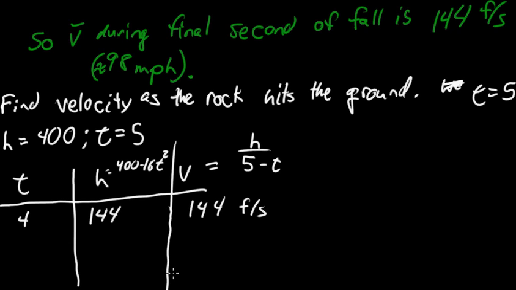Let's get a little bit closer to the time of 5 seconds that we know it'll hit the ground at. Let's go to 4.9. I need to bring out a calculator for this one. The height is given by 400 minus 16 times 4.9 times 4.9, which is 15.84.